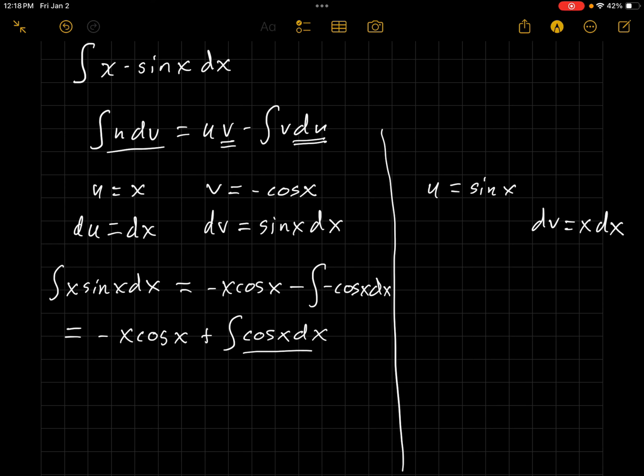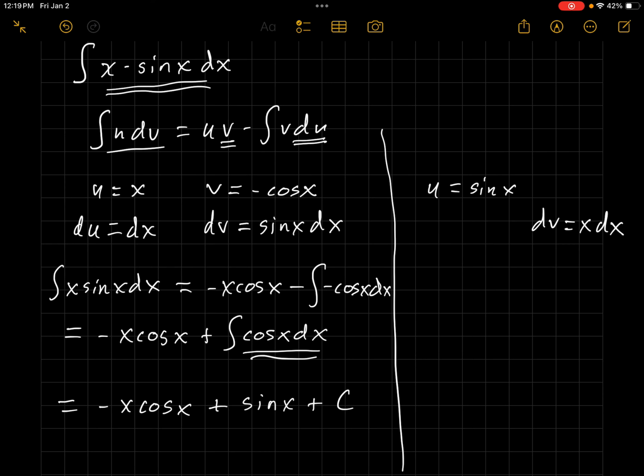Notice how this integral is way simpler than the original. In fact, we can continue on and solve this one. I get negative x cosine x plus the antiderivative, positive cosine is positive sine. And now, at this part, I put plus c.